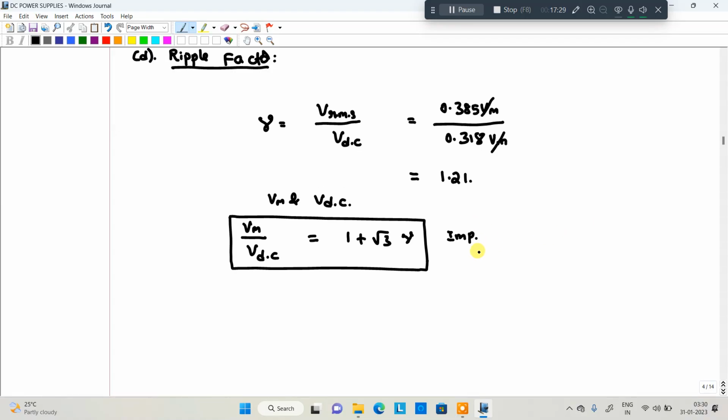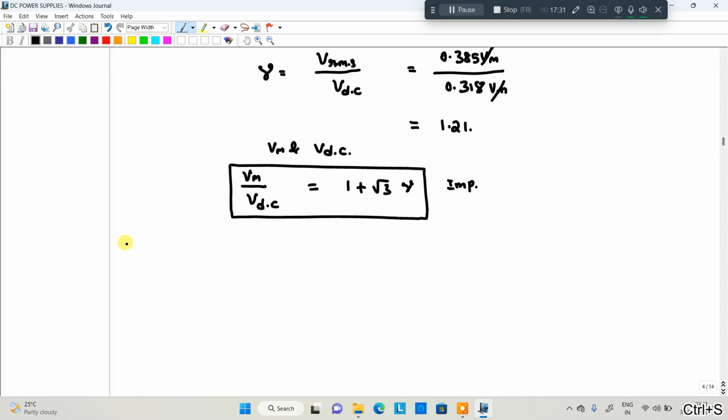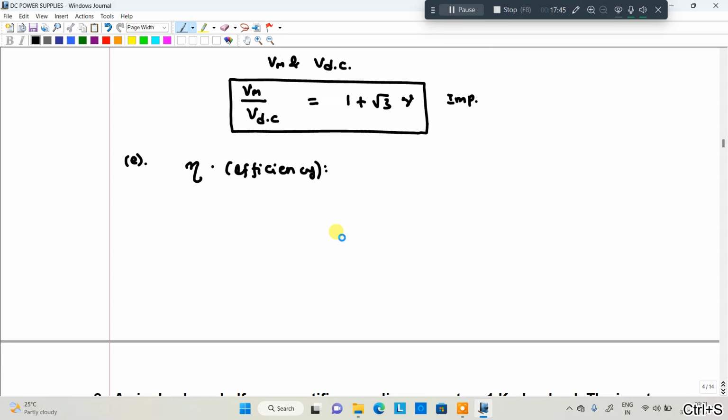It is important. Okay, that is about ripple factor. Then we are moving to the next important formula, that is the efficiency. So the efficiency of a half-wave rectifier, we'll see. The efficiency is nothing but the output divided by the input. That is called efficiency. Once you derive everything, I will provide the formula directly.